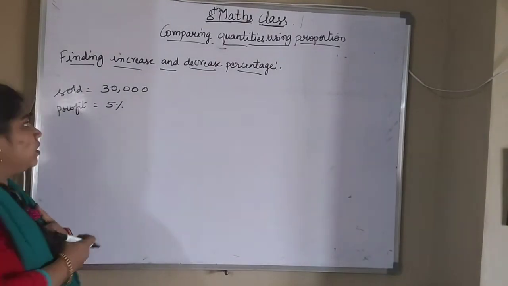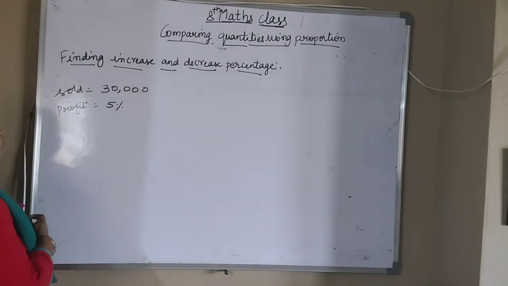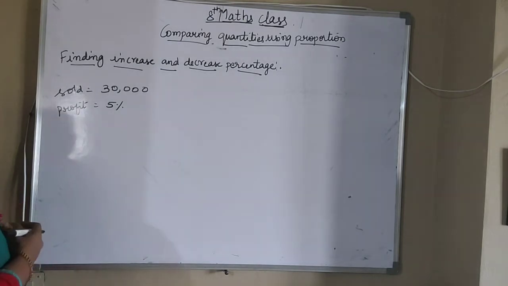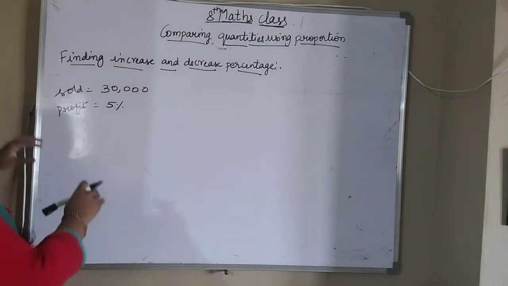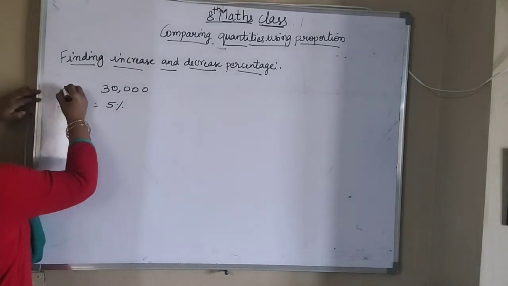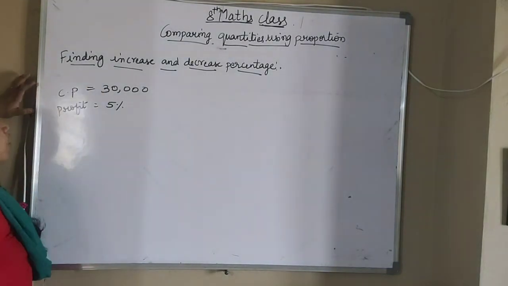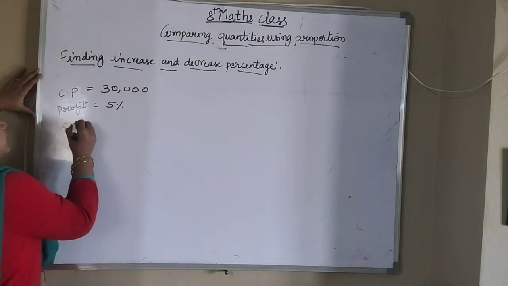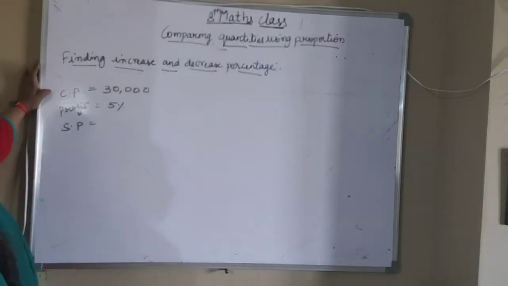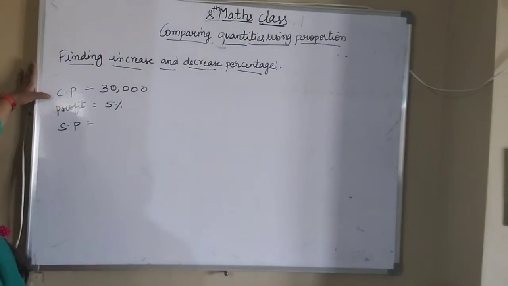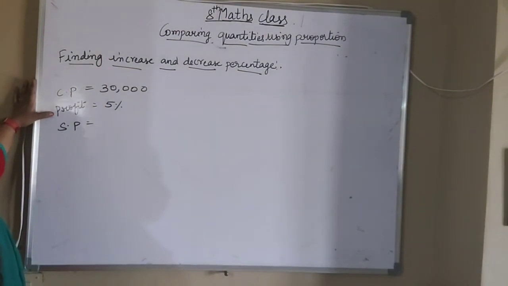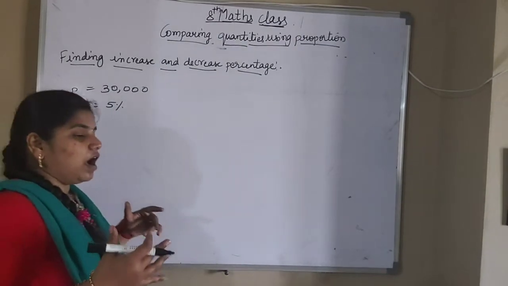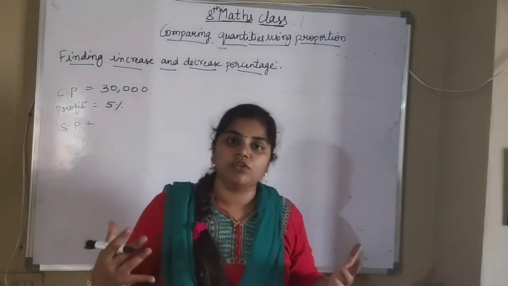You can also take the cost price: I bought the fridge for 30,000. After selling that I got a profit of 5%. So after selling, how much profit did I get? 5% profit I got.